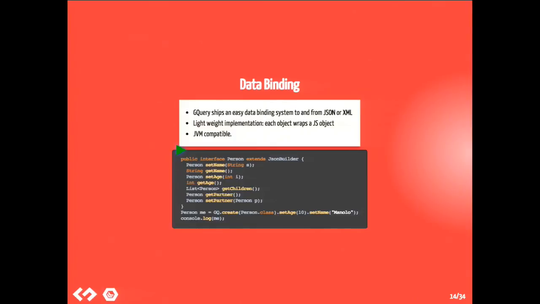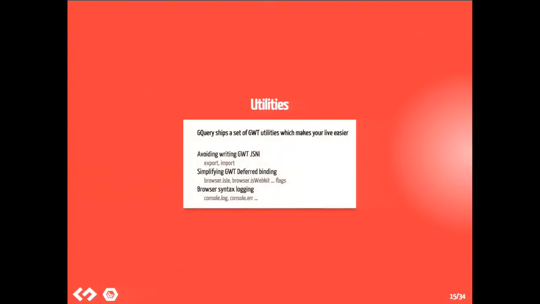You can wrap, for instance, window or document, something like JsInterop is doing, but this has been in GQuery for years. If we click, you get a JSON representation of this. Then we have a more complex example.